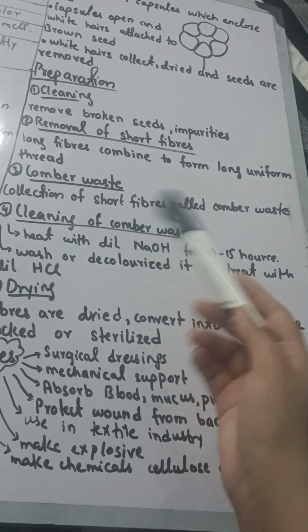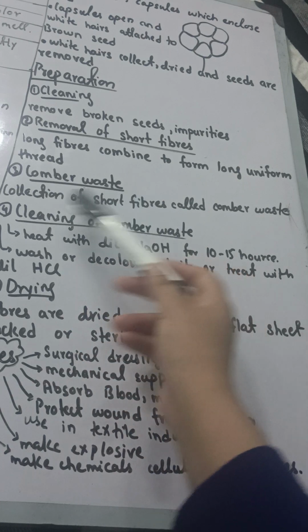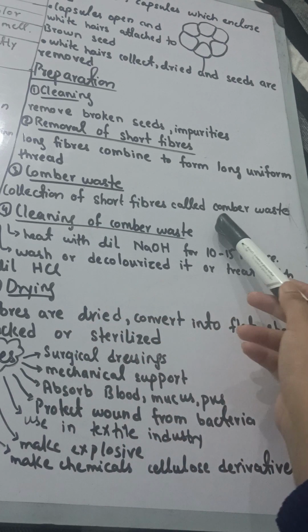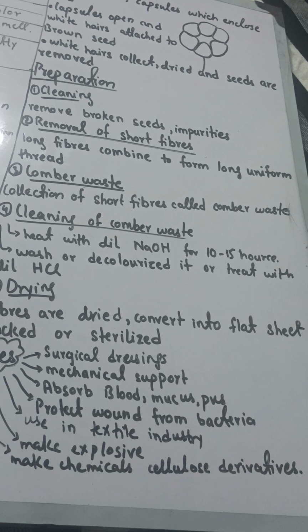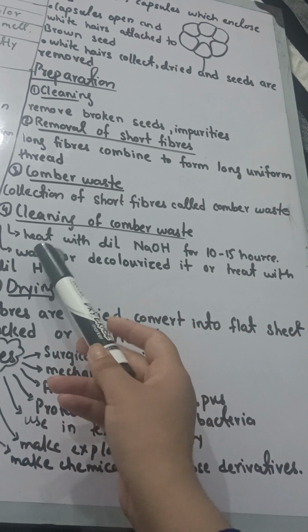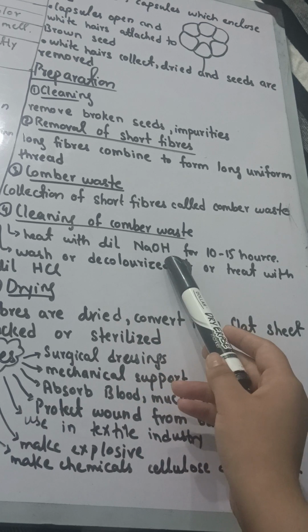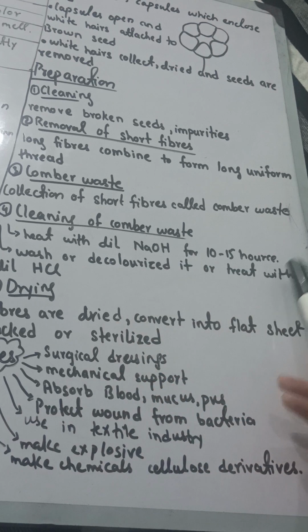Now the short fibers which are collected will form comber waste. The collection of short fibers is called comber waste. Actually, this comber waste is very important because it is the purest form of cotton, so it is used in making various things. Then this comber waste goes for the cleaning process. It is heated with a dilute solution of NaOH, sodium hydroxide, for 10 to 15 hours.